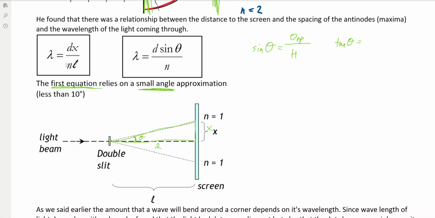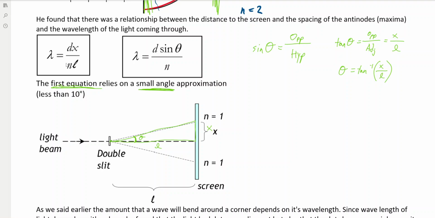Well, tan theta equals opposite over adjacent. So if we want to find theta, theta equals opposite, which is x, over adjacent, which is L. So tan negative 1 of x over L. And then we can put that in for theta.